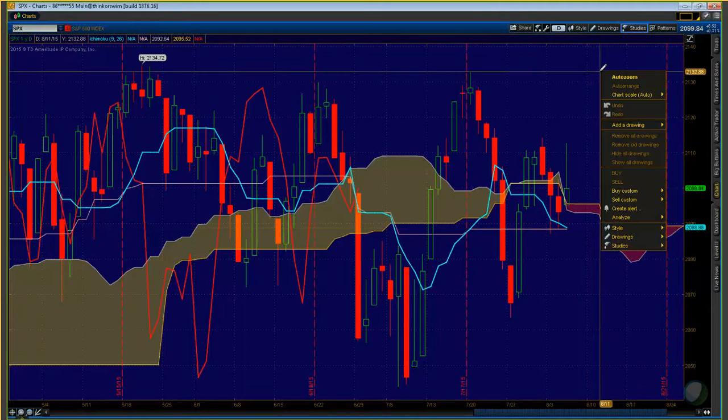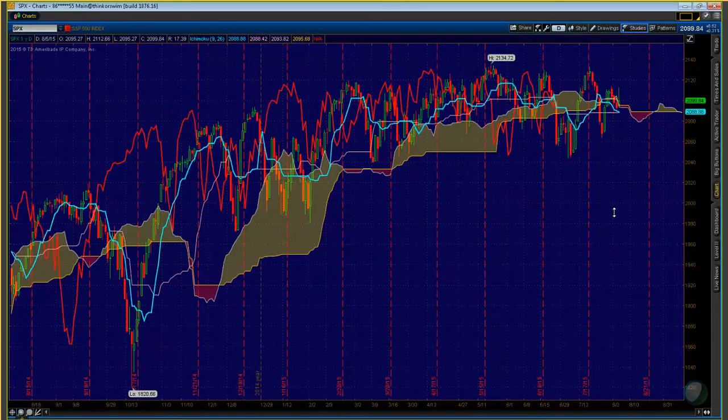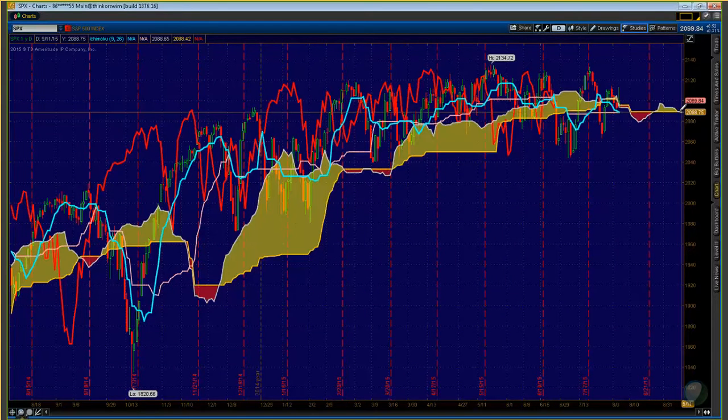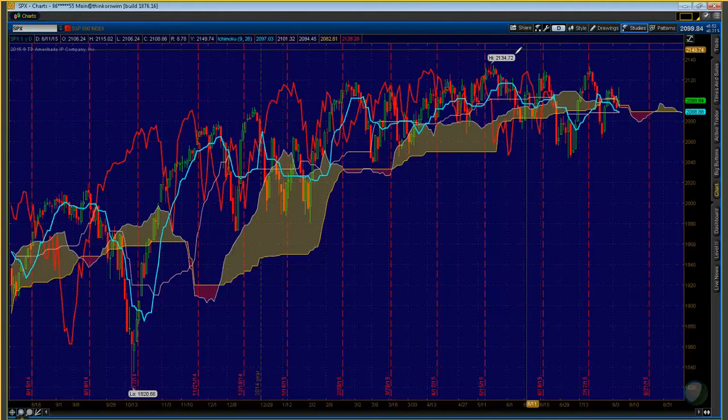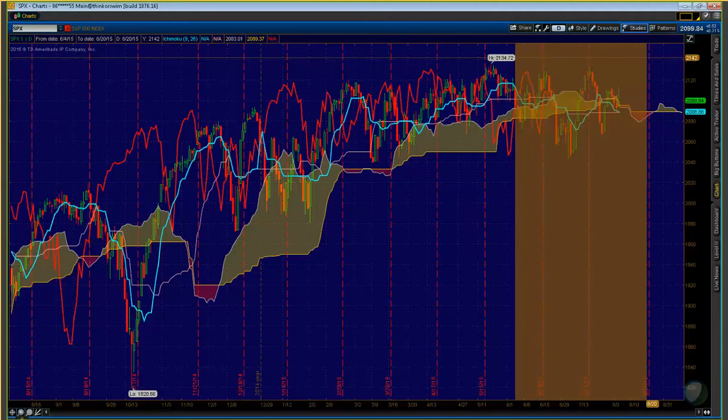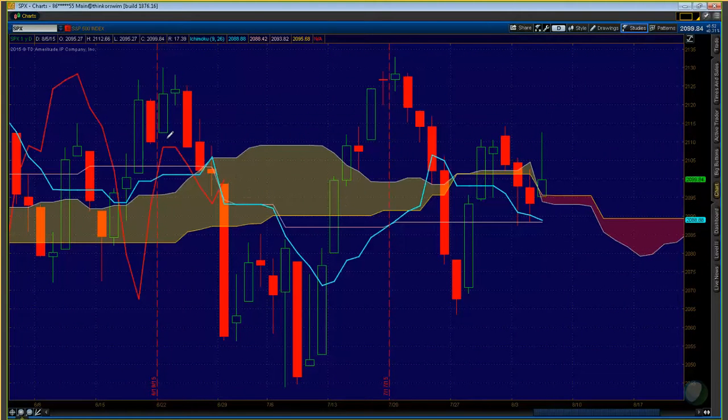Now let's zoom out so we can talk a little bit about what the leading Kumo tells us. Right now, we have a Kumo twist setting up. If we zoom into an area, and we'll just use this as an example, and pretend that price hasn't gotten all the way out here.